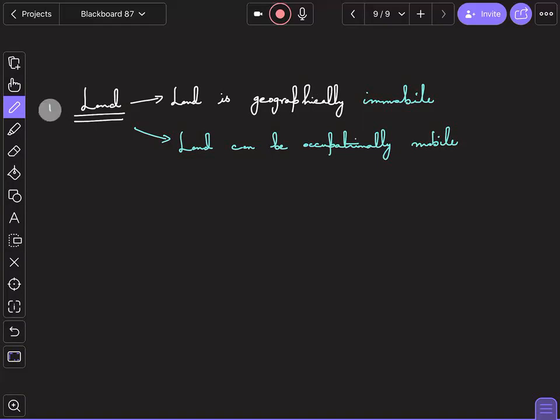Now let's talk about our second factor of production, labor. Whenever we talk about the geographical and occupational mobility of labor, it varies. Labor is geographically mobile: you can move from one city, country, or region to another if you have better career opportunities there. Similarly, labor can be occupationally mobile as well.